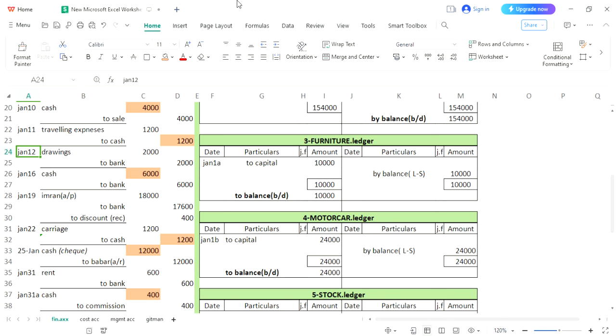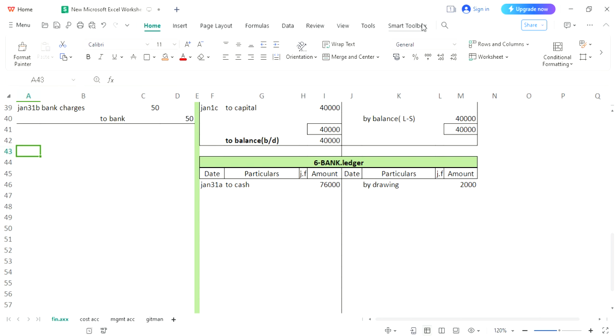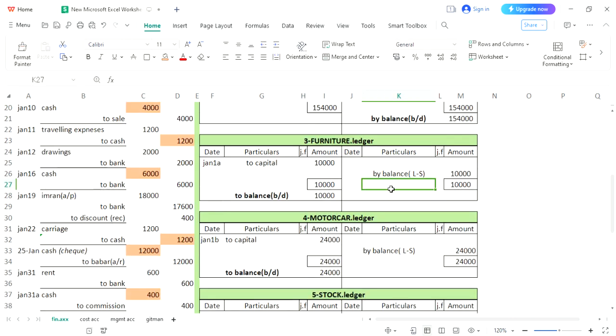January 12 is the date for 2000. Here you are putting January 12. Date has been mentioned and reference is mentioned for 2000. It means this bank has been posted in proper way. Mark it as it has been done.